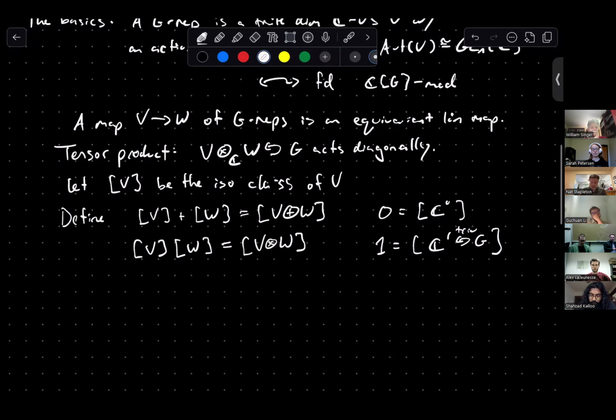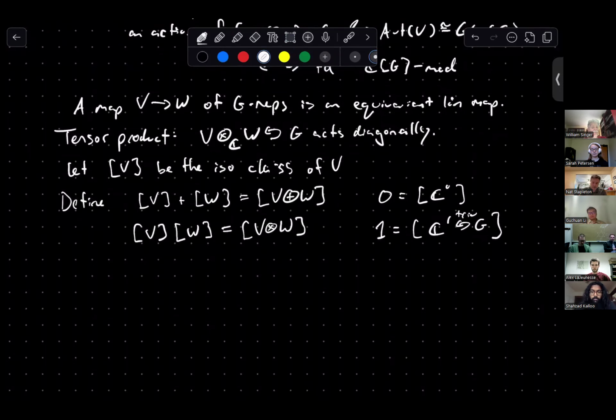And this nearly gives us the structure of a commutative ring on the set of isomorphism classes of G representations. The only way we've failed to get a commutative ring structure is that we don't have additive inverses. But this can be repaired in a very natural way using the Grothendieck ring construction.